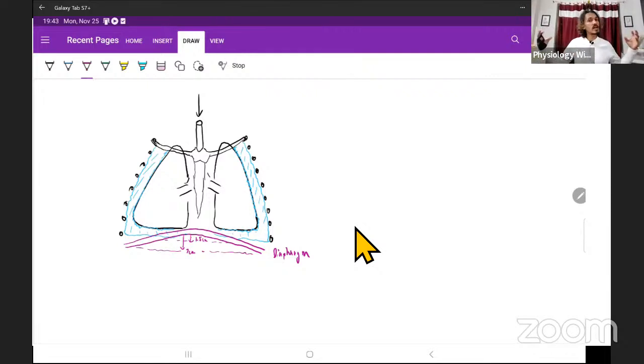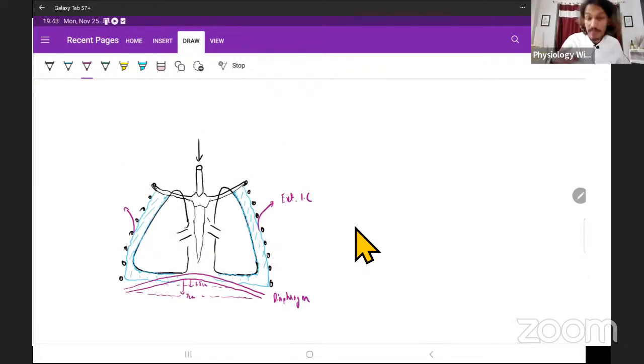You want it to be pulled outside. Okay, so we have this particular thing which pulls it outside, which is your external intercostal muscle. The external intercostal muscles pulls it outside. You need more air. This is where there are few other structures which are involved.